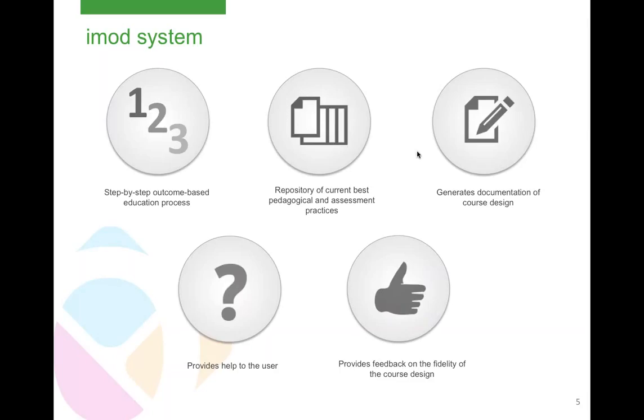What I mean by that is we want to provide feedback on the quality of the course design, how complete it is, and whether all of the components of the course design align properly or not, as in the different components being pedagogy, assessment, and content, which have to align well with the learning objectives. So the tool would provide feedback on the course design.